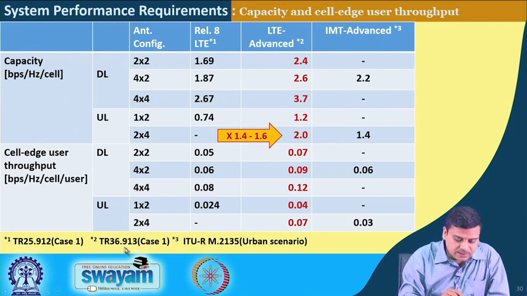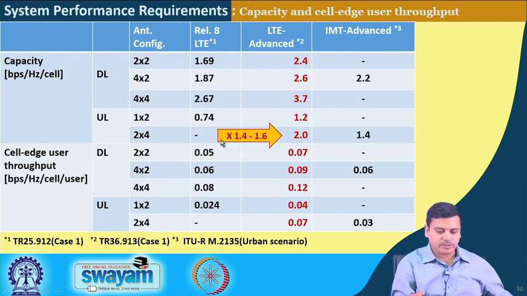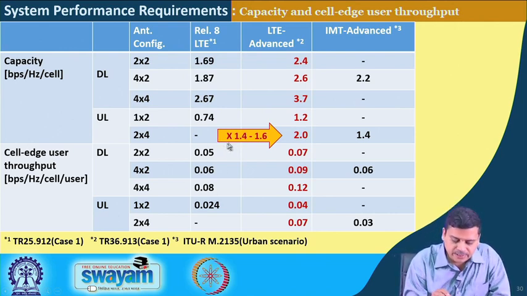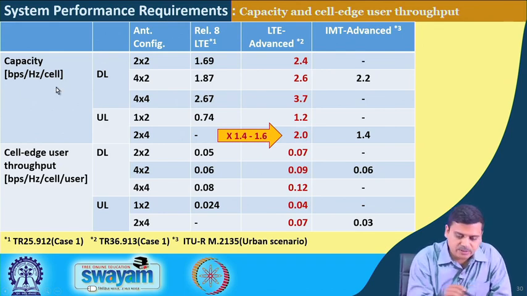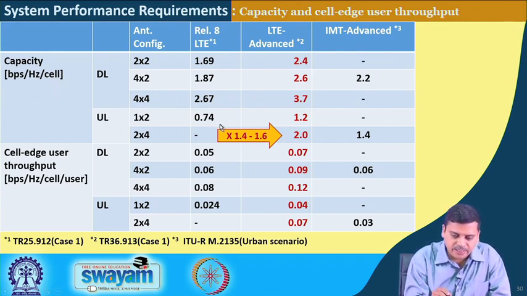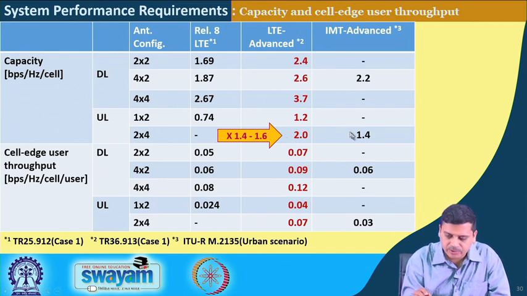The 36 series of documents have been used to describe the LTE-Advanced systems, and the case 1 for the 25 series document has been used in this one. What we see is that a factor of 1.4 to 1.6 is the increase in bits per second per hertz per cell as we go from LTE to LTE-Advanced, and they are able to meet the IMT-Advanced requirements.